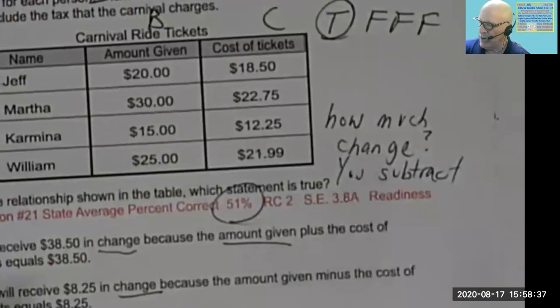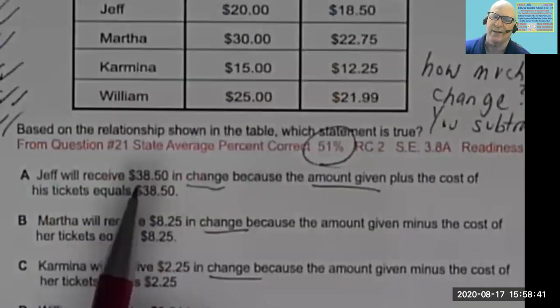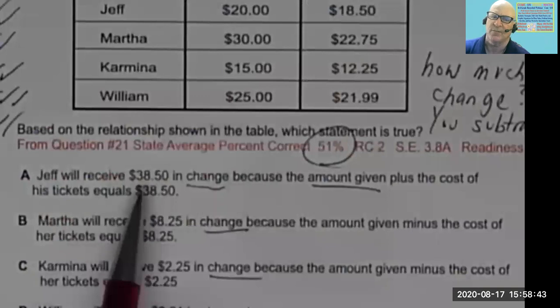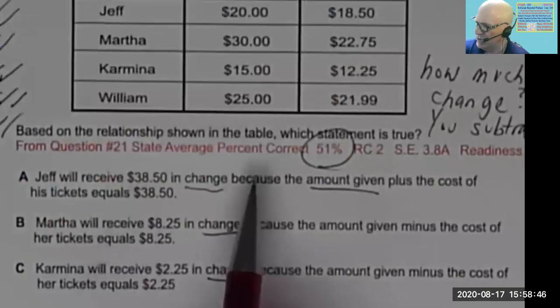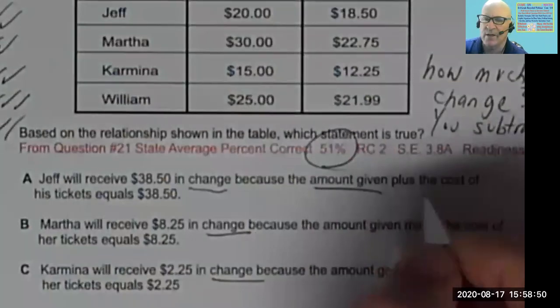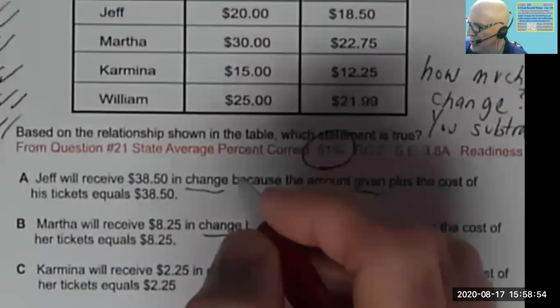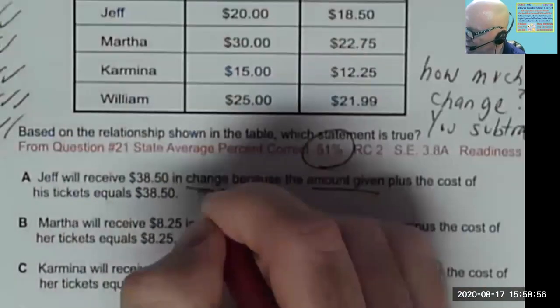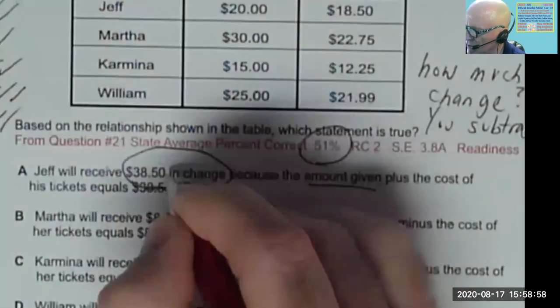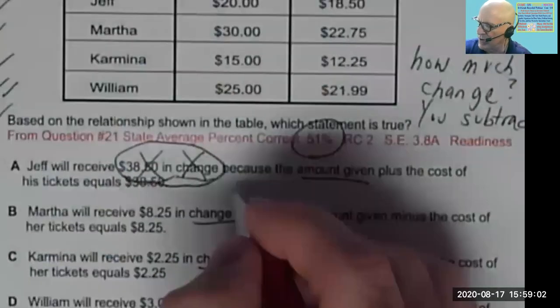And so probably a lot of the kids that got a question like this wrong did so because that part was true. Everything was true. The amount given plus the cost of the tickets does equal $38.50, but he's not going to receive that in change. This part right here makes letter A false.